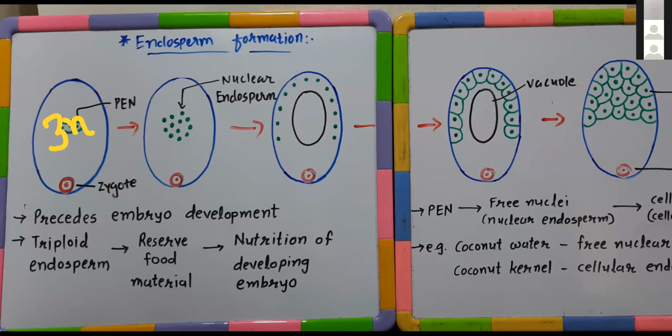The cells of this endosperm are filled with reserve food material that will be used for the nutrition of the developing embryo. When the embryo develops from this, nourishment will be provided for it. Nourishment will be provided by the cells of the endosperm because they have lots of reserve food material in them.